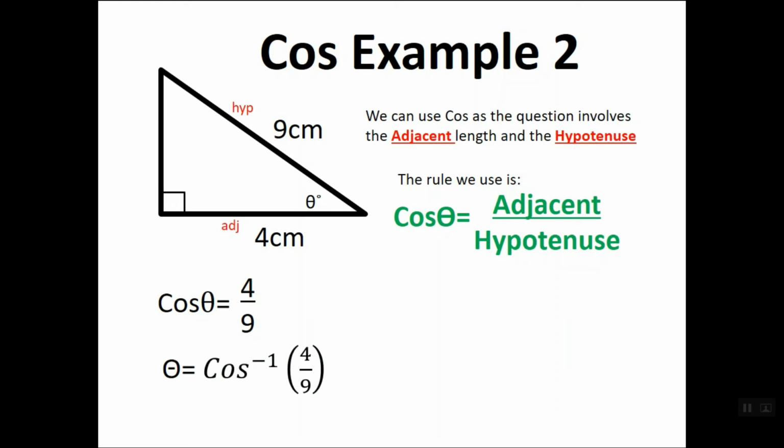So theta equals cos inverse of 4 divided by 9. I input that in my calculator, and I should get an answer of 63.6 degrees correct to 1 decimal place.